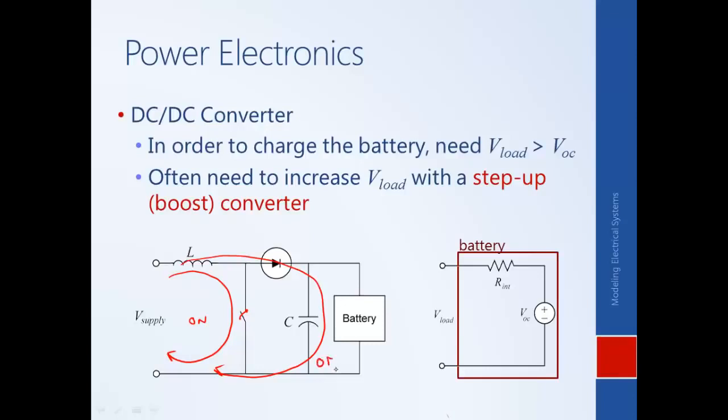This is called the off state, when the switch is off or open. When that is done, the energy that's been stored in the inductor is then released. By opening and closing this switch, we can in essence change the average voltage across the battery in order to step it up.